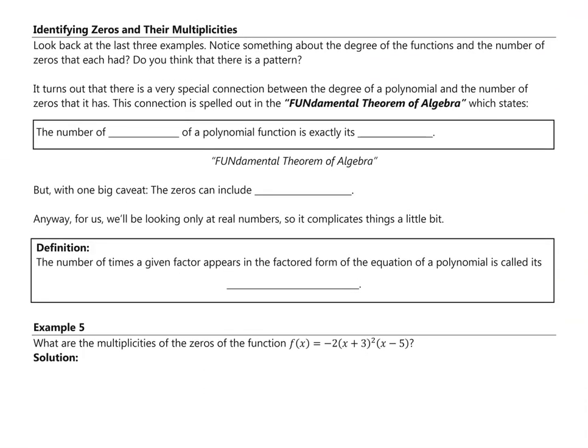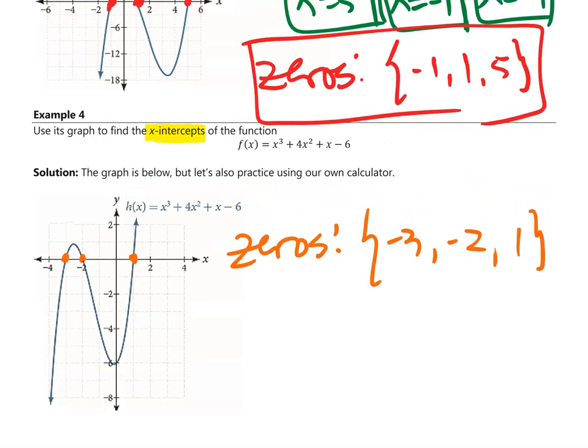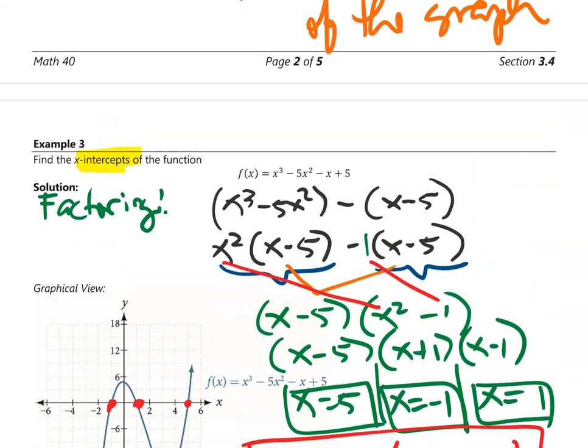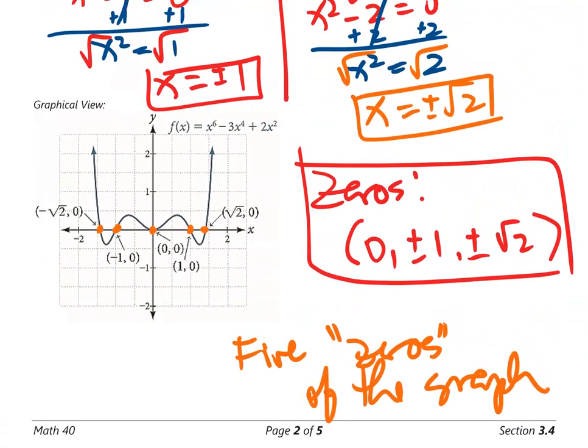Next one, identifying zeros and their multiplicities. Look back at the last 3 examples. Notice something about the degree of the functions and the number of zeros that each had. Do you think that there is a pattern? Look at this example, and the graph, and this example.